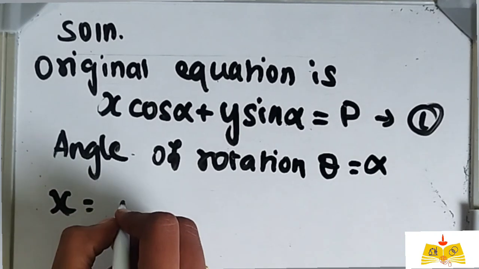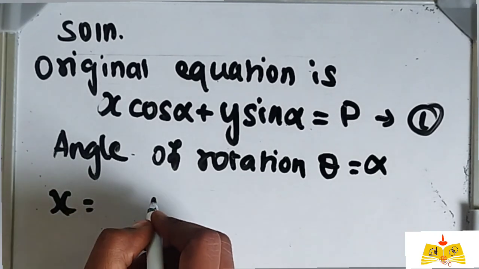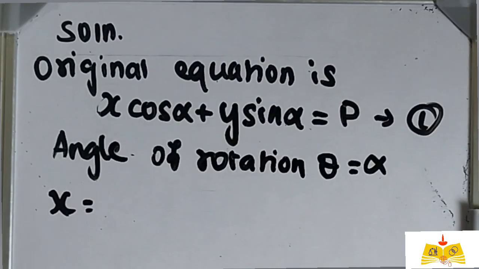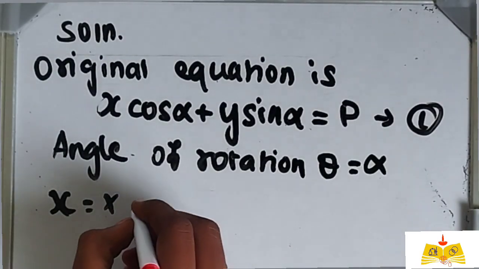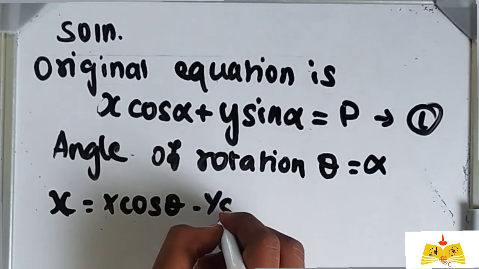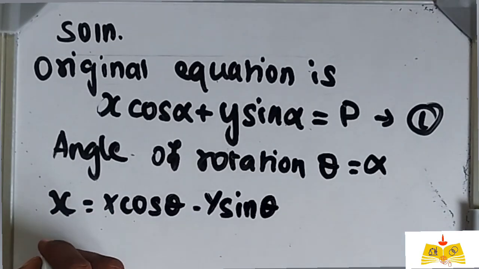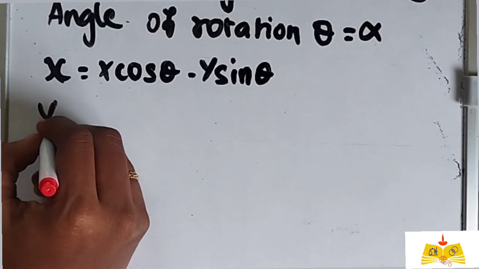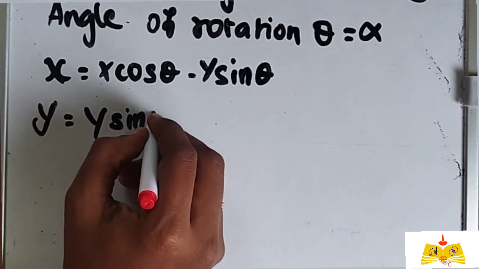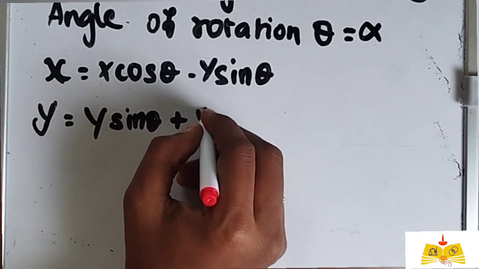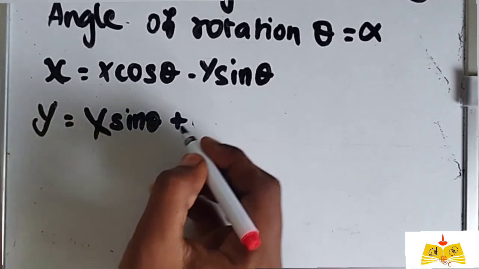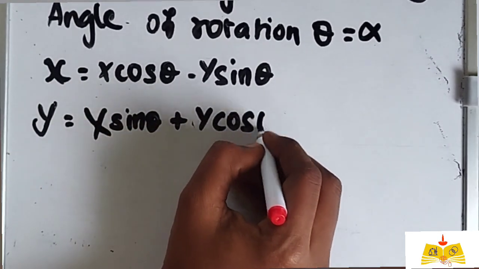there is a formula. x equals x cos theta minus y sin theta. Similarly, y equals x sin theta plus y cos theta.